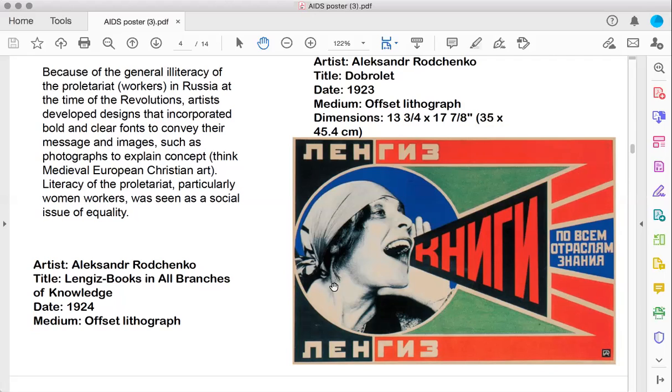And one of the things that you can see is how important the composition is here to establish the successful communication of the design, because the quantity of information incorporated is very minimal.